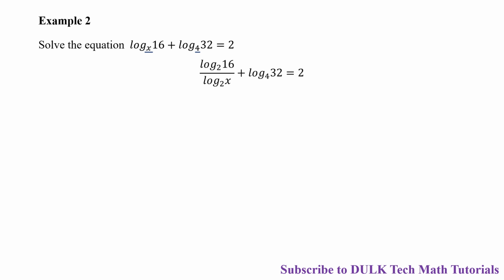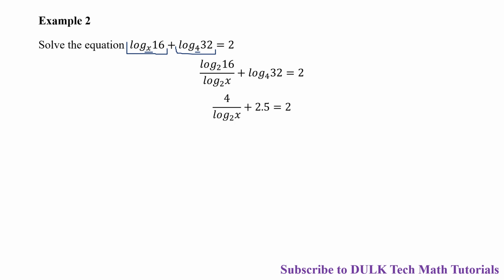Right, so let's express this log 16 base x in base 2, at the same time expressing log 32 base 4 in base 2 as well. So we are saying log 16 base x is equal to log 16 base 2 over log x base 2.